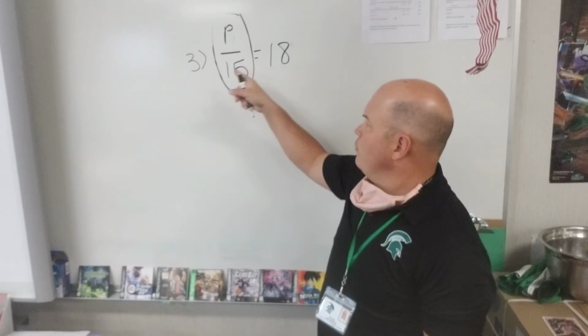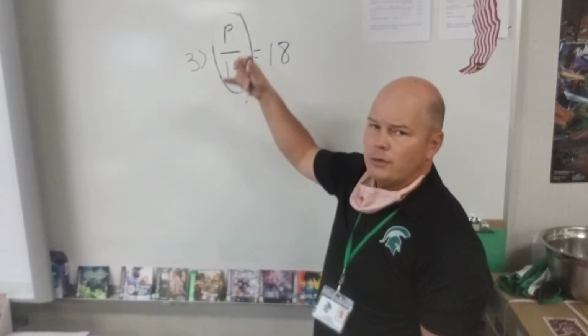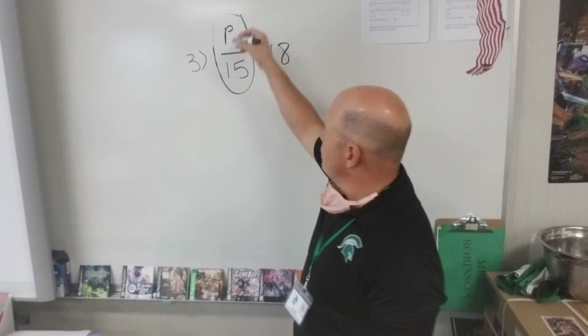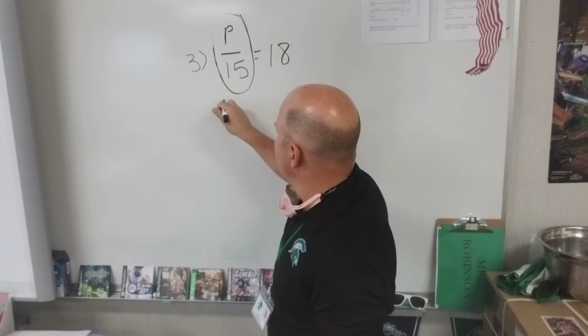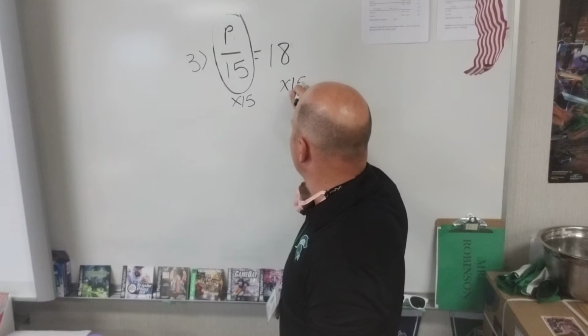Okay, so to get p by itself, I need to use the inverse operation. The inverse, or the opposite operation, of division is multiplication. So if I'm dividing by 15, I need to multiply both sides by 15.